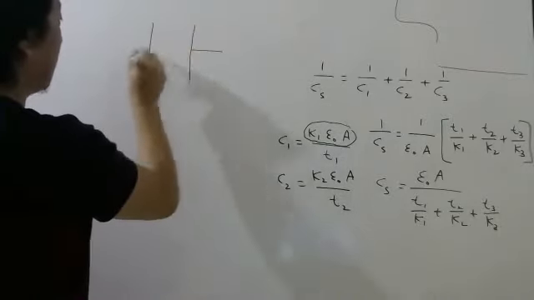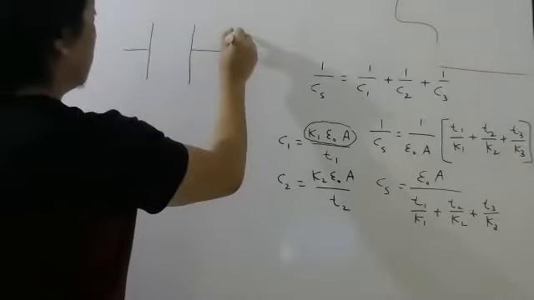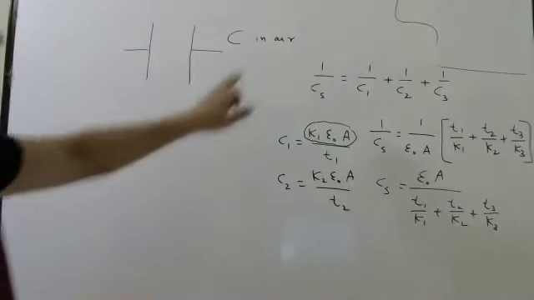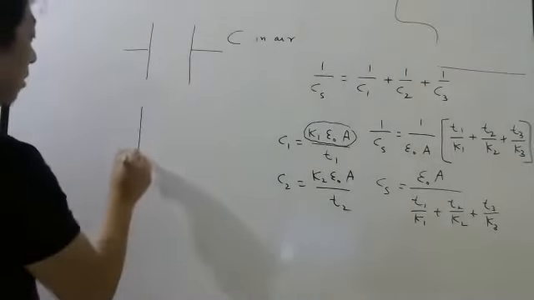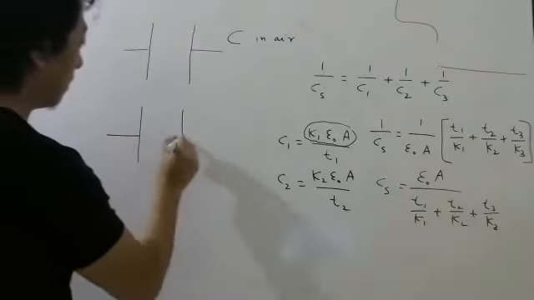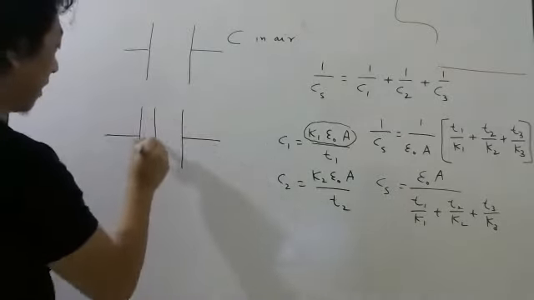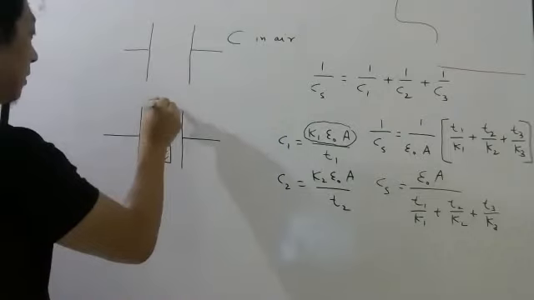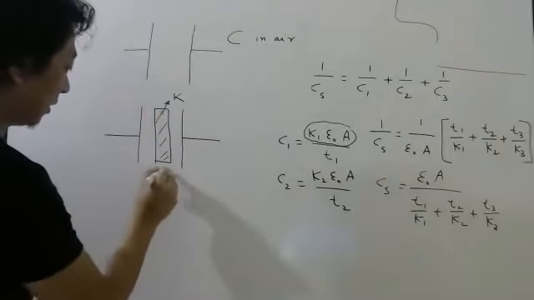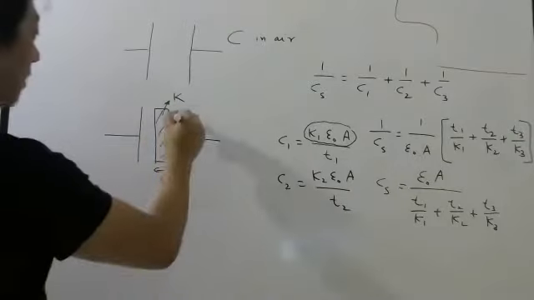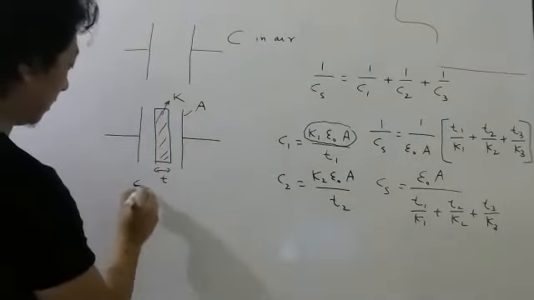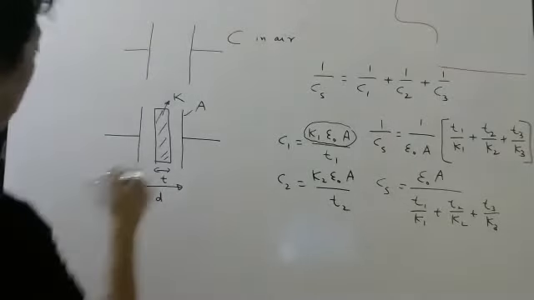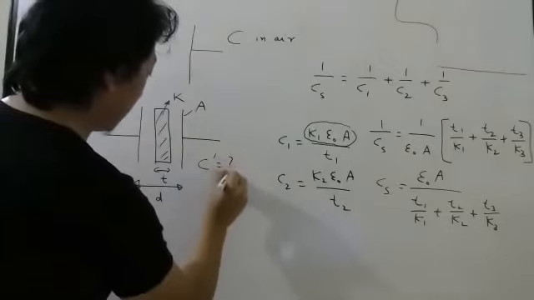I have a capacitor whose capacitance is C in air. Now I am putting here, in this much part, a dielectric constant K whose thickness is T. Area is A and this distance is D. So what will be the capacitance of this capacitor, that you have to tell me.